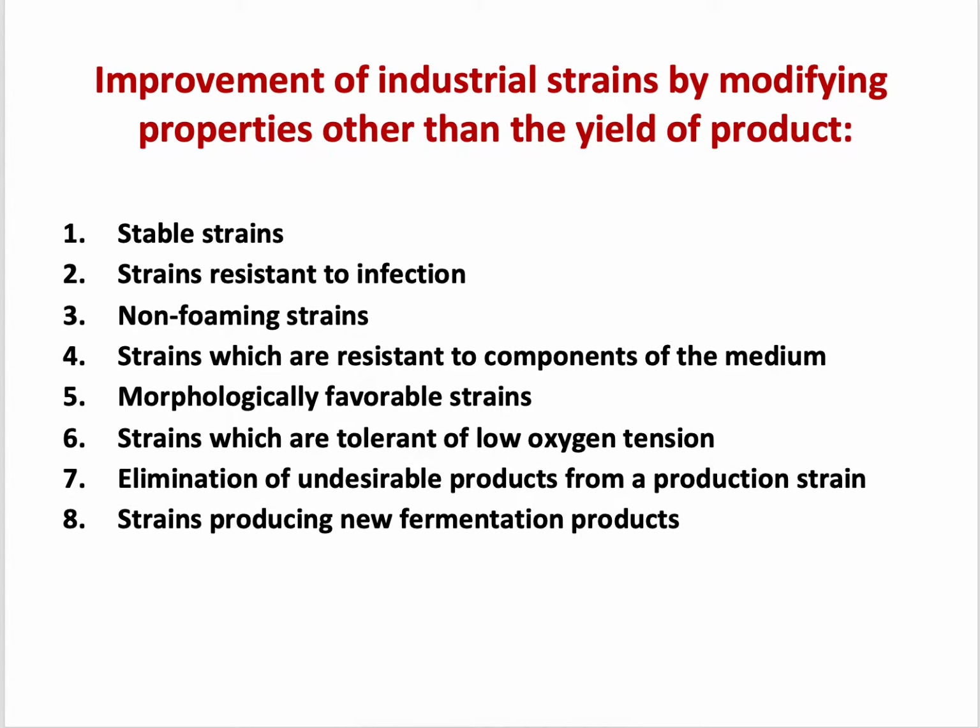Anyway, whenever we talk about strain improvement, the first thing that comes into our head is that we want to increase the yield, but it's not always the right thing. Sometimes we may get our desired strain through isolation, which produces our desired metabolites in enough concentration.